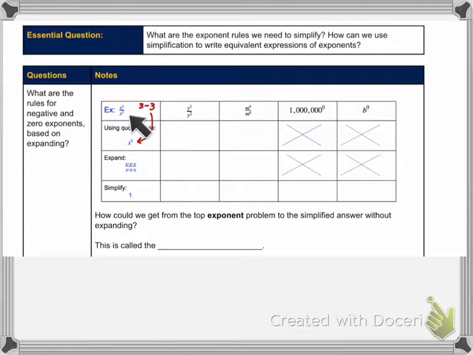Now, we're going to build on to what that 0 rule is. So what happens when a base of x or a base of anything has an exponent up there of 0. Now you can't really expand out x to the 0, but what I can do is expand out the problem that we started with. So here I had x to the third over x to the third, and so I expanded that out by writing 3 x's multiplied on the top over 3 x's multiplied on the bottom.